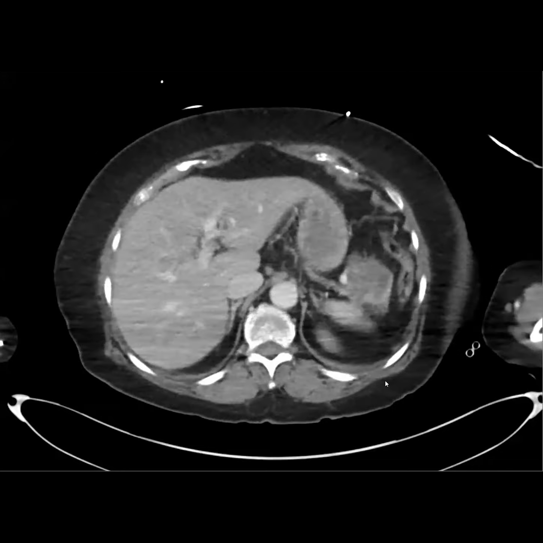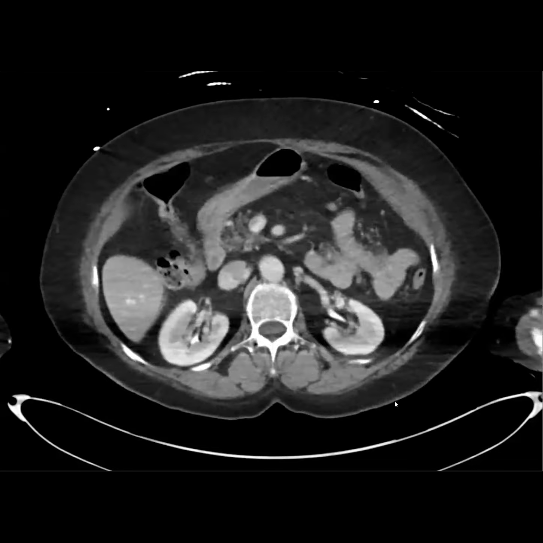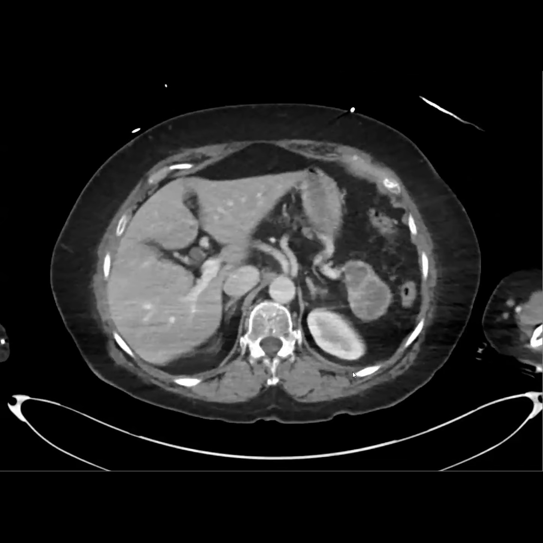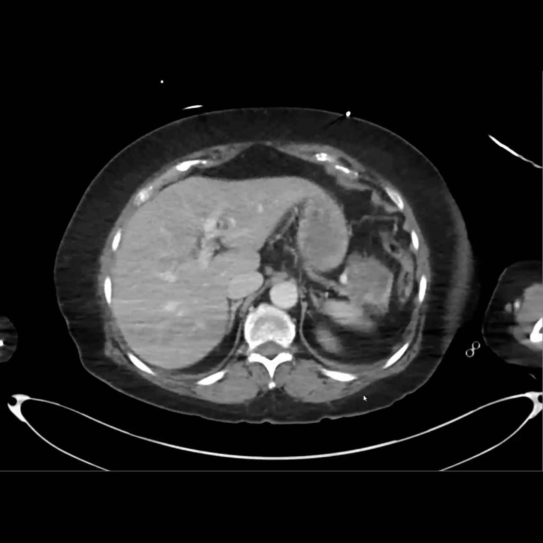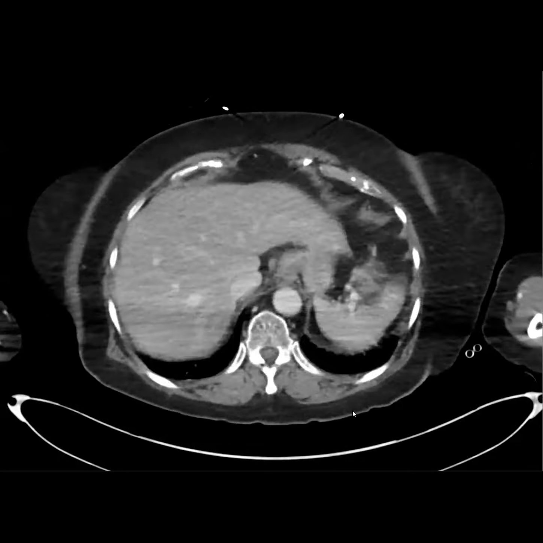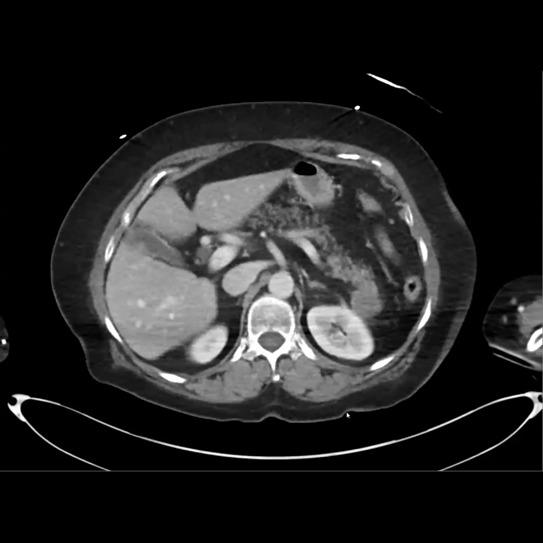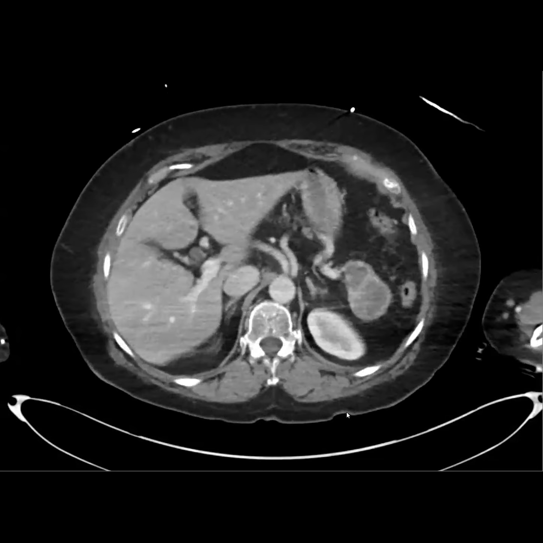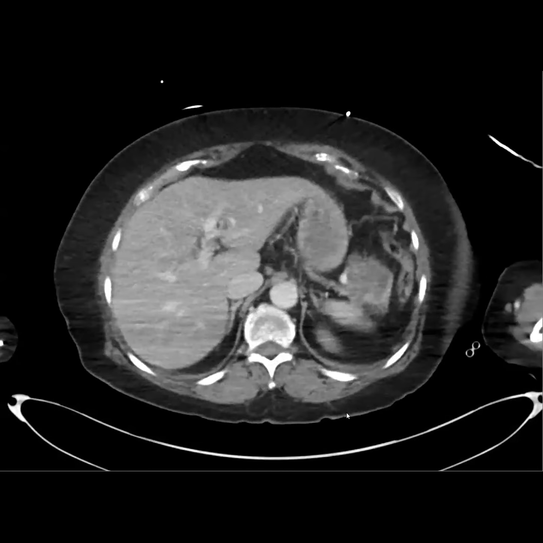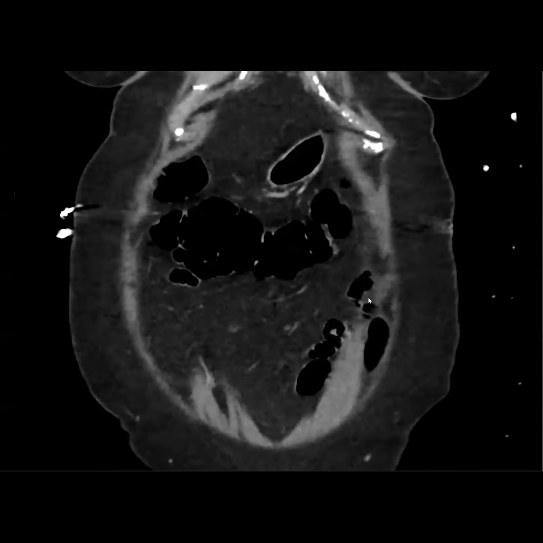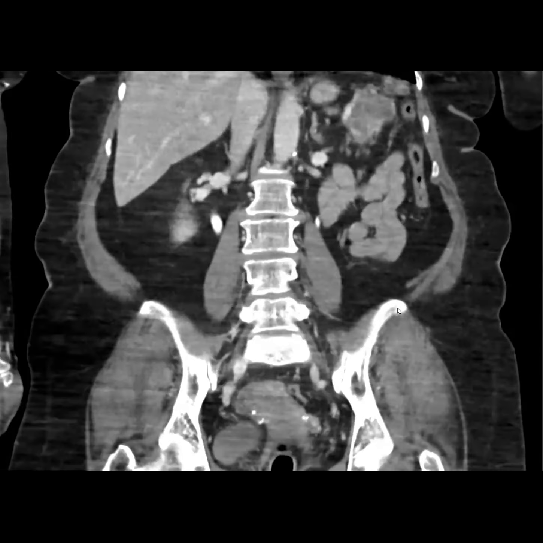So this patient came with abdominal pain, and there is this lesion in the pancreas. What do you guys think? I can show you the coronal as well. It could be acinar variant pancreatic cancer, which can be big like that in the pancreatic tail.